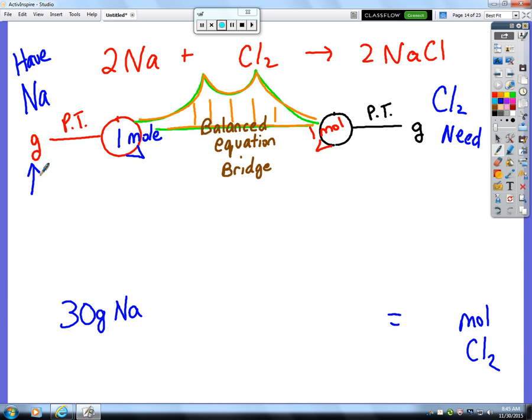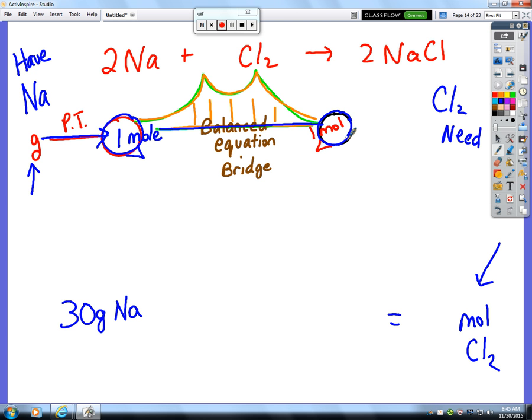That means I need to go from grams to moles of sodium. I'm still on the mole map. Then I cross my balanced equation bridge to go from moles of what I have to moles of what I need. And that's where I stop, because it tells me I want moles. So I don't need this section for this problem.